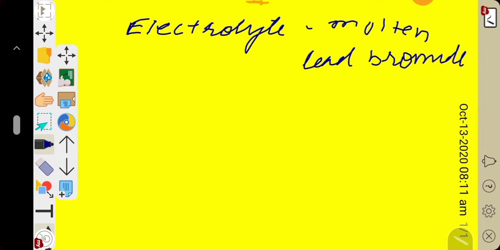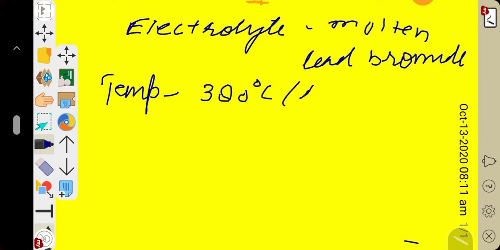Electrolyte: molten lead bromide, clear? What temperature do you have to maintain to perform the electrolysis of lead bromide? Here you will write the temperature will be above 380 degrees Celsius, so that it can fuse the lead bromide salt.